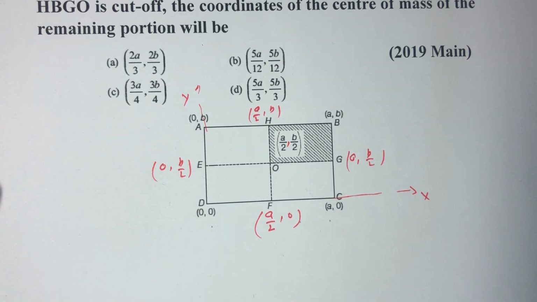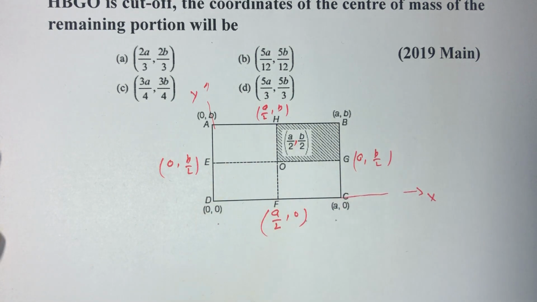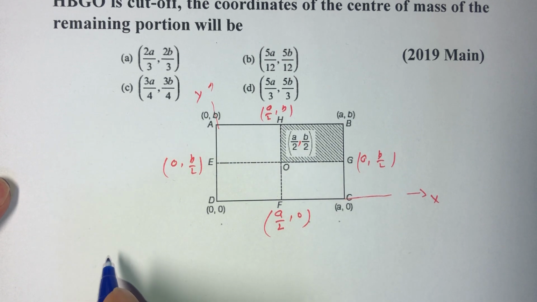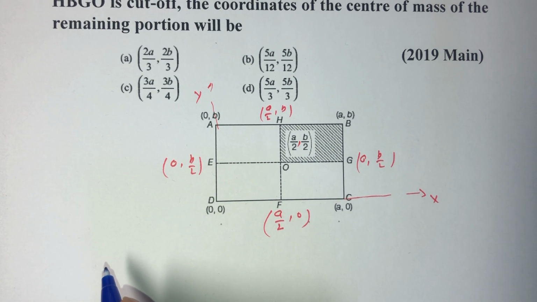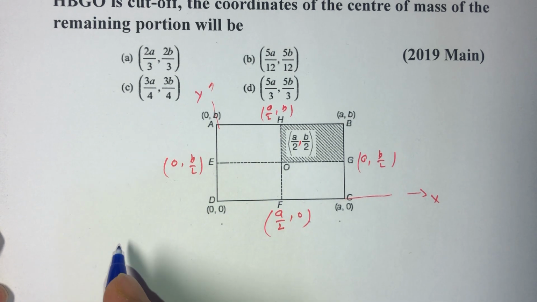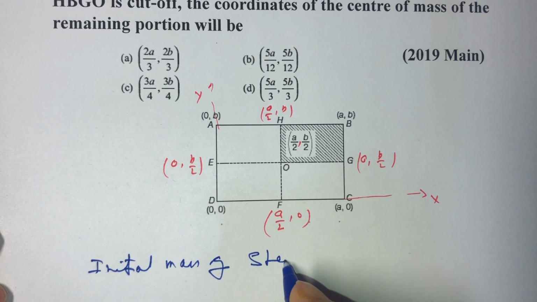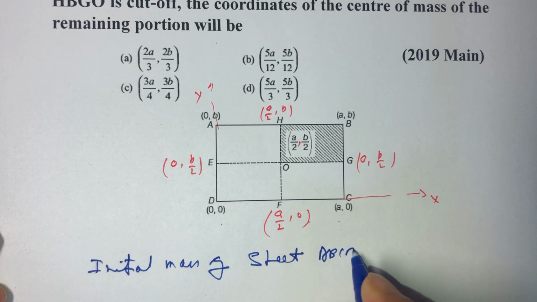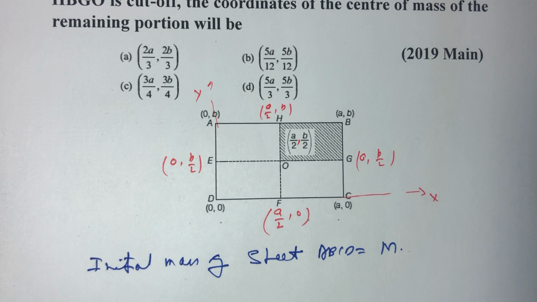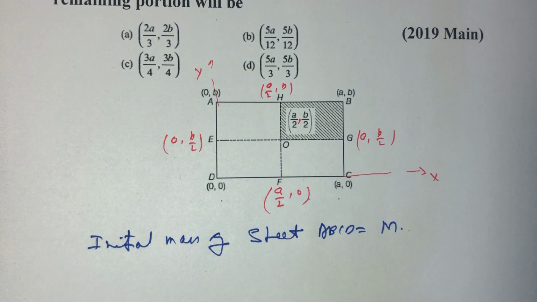So it is given that the initial mass of the entire sheet ABCD is capital M, and it is being divided into four parts. So each part is going to have a mass of M by 4.